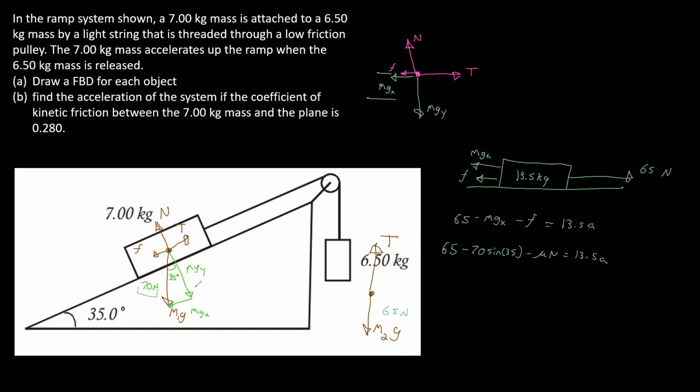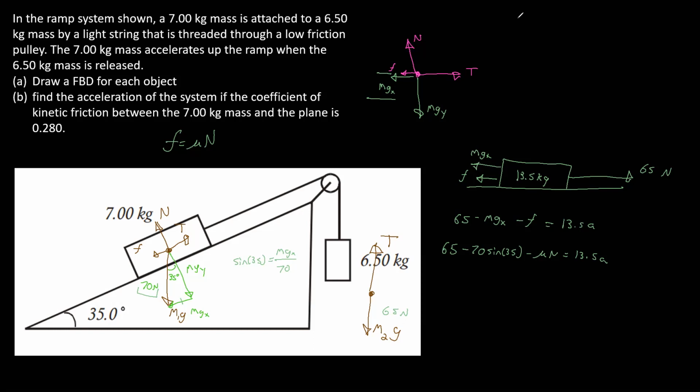And then because I'm looking for my opposite side, sine of 35 equals mgx over my hypotenuse, opposite over hypotenuse, and I multiply the 70 over. And then I went ahead and replaced friction with the equation for friction, because don't forget our equation for friction is friction equals mu times the normal force. Okay.